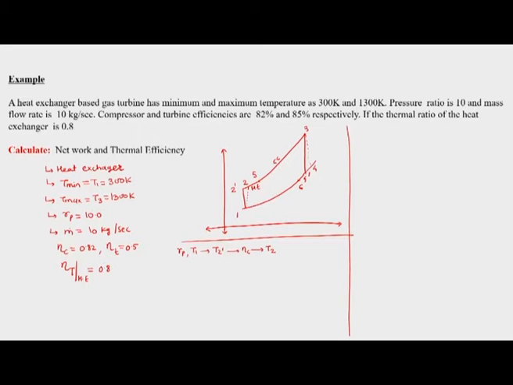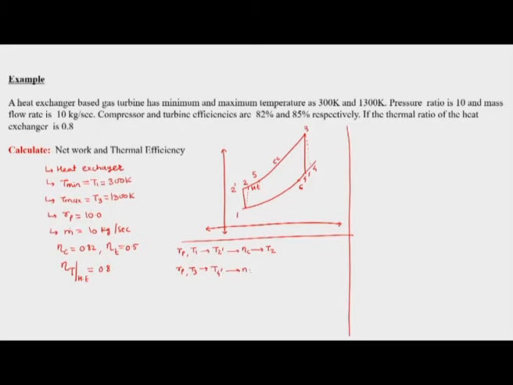Then we can do it in parallel for the turbine. We know Rp for the turbine, we know T3 which is the maximum temperature of the cycle, and from that, using the isentropic relation, we can find T4 dash. So, T4 dash is now known to us from the isentropic relation.